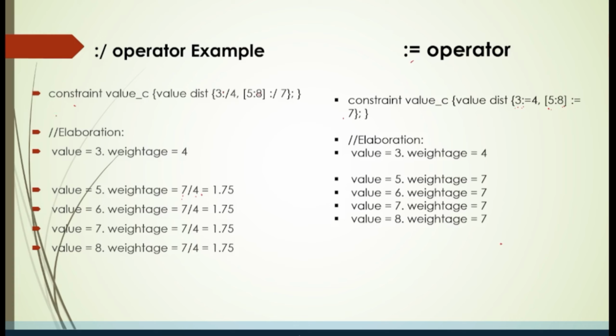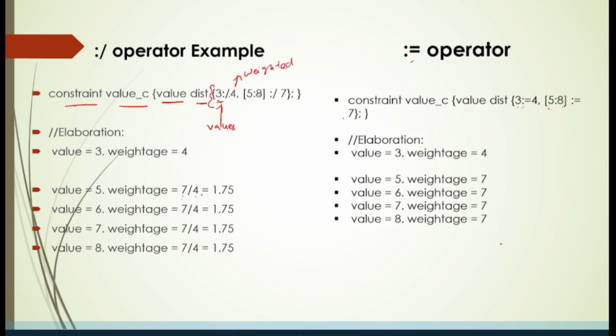Let us see how these two work. Let me give you a small example so that you can easily understand this keyword. If you see here, constraint value C, my value is 3, colon slash 4. Here the 3 is the value, and the 4 is the weighted distribution.